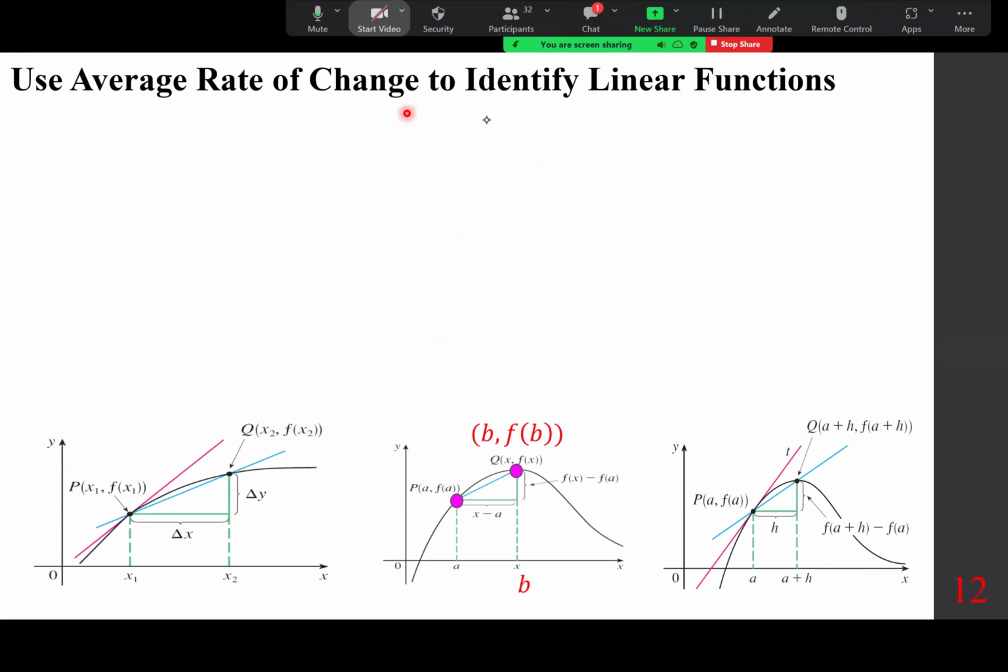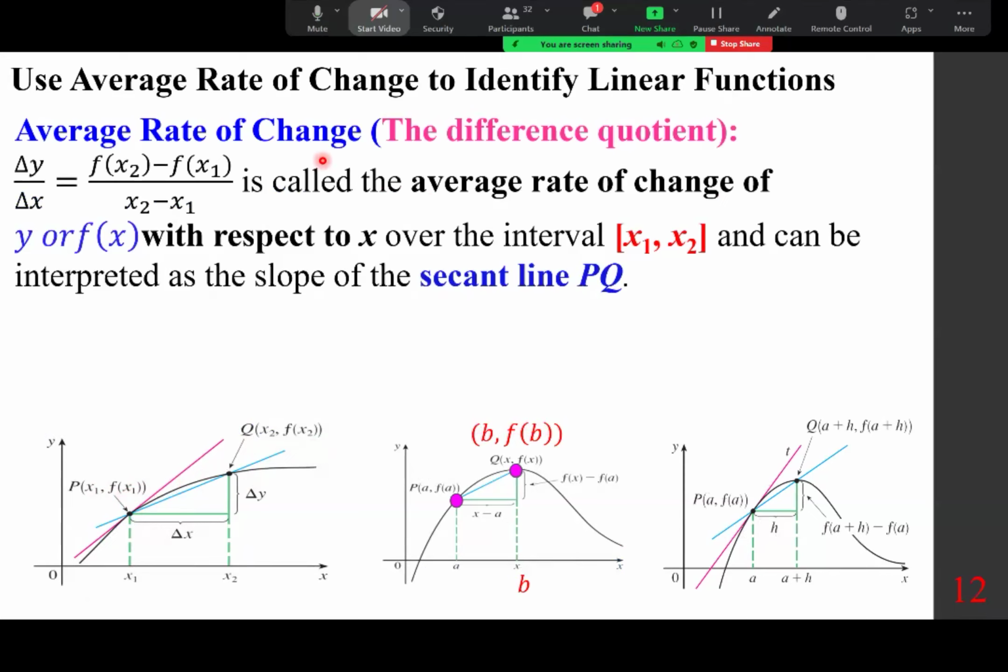Reminding you of this average rate of change. So you have a curve, you connect two pairs, 2 points. You can call them x sub 1 and x sub 2. So this becomes f of x sub 1 and f of x sub 2. That's one way to look at it. So average rate of change, the difference quotient.